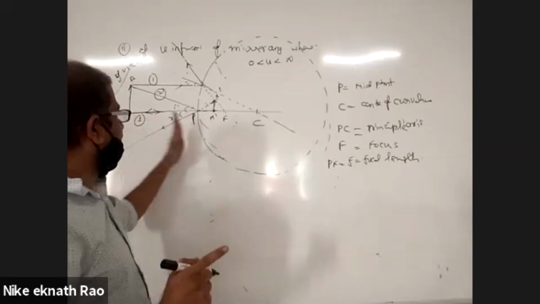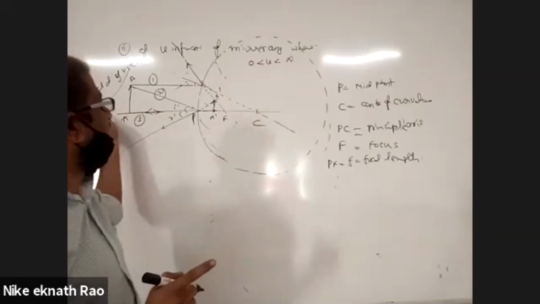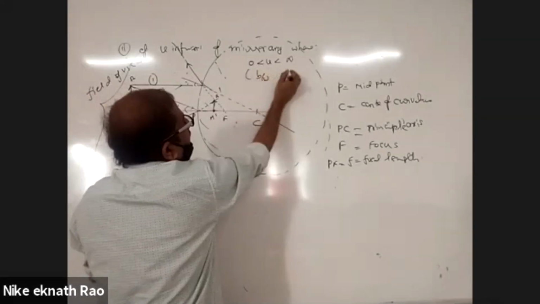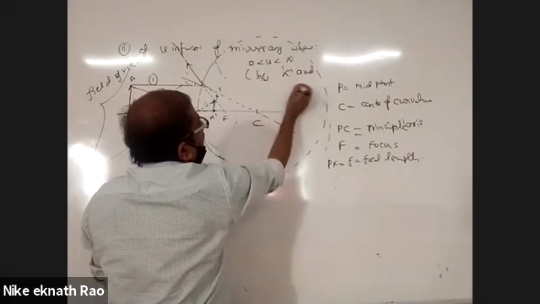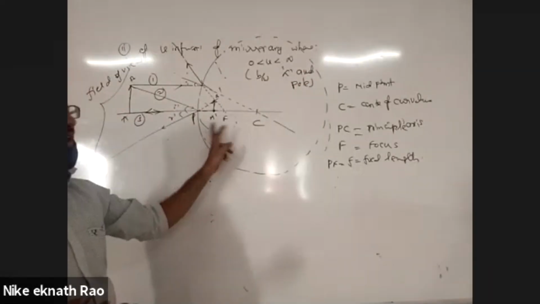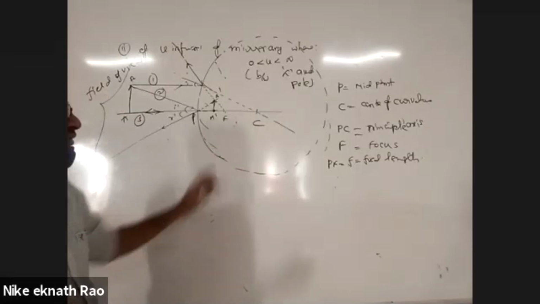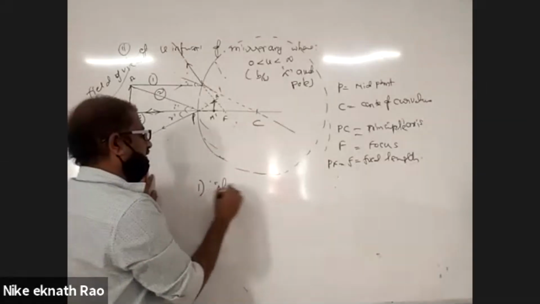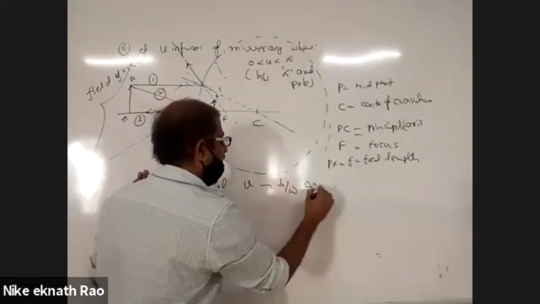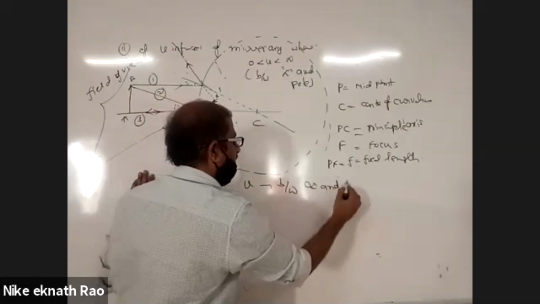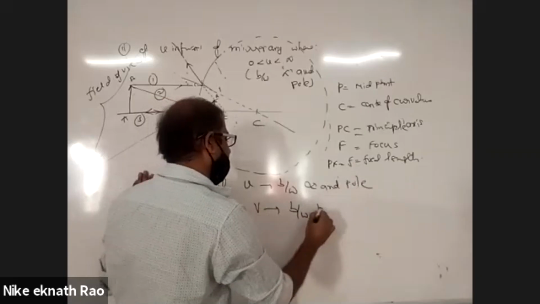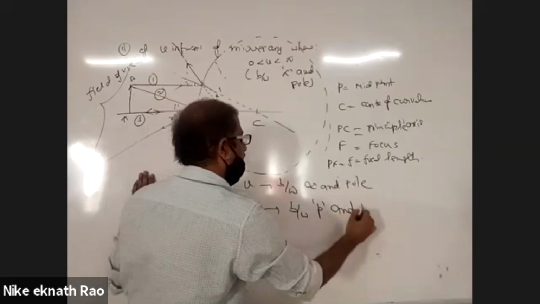So the object is somewhere between infinity and the pole. Where is the image? The image is always between P and F. So if the object is between infinity and the pole, the image is always between the pole and F.